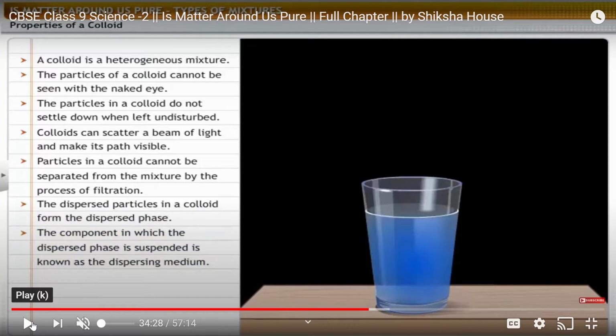Listen carefully, I will tell you again. Solution has two parts, solute and solvent. So what we call solute, in colloids we call them dispersed particles. And what we call solvent, in colloids we call them dispersing medium.